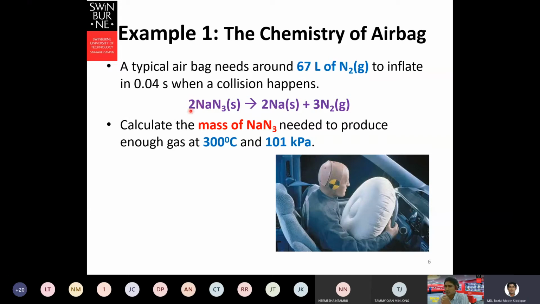Once we balance this equation, we put 2 here, 2 there, and 3 here, then we know that from 2 moles of sodium azide, I will get 3 moles of nitrogen gas. And when I get the 3 moles of nitrogen gas, we can find out the liters or mass of that gas.